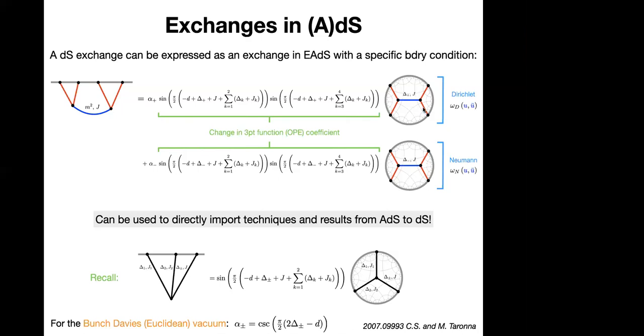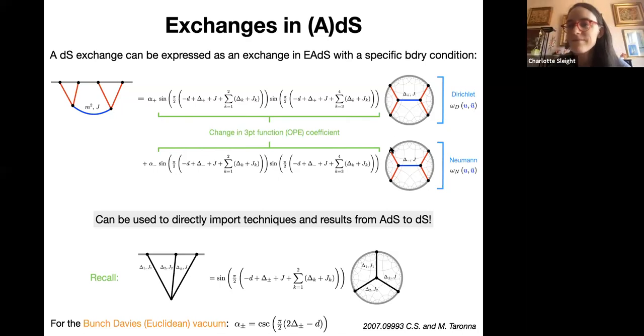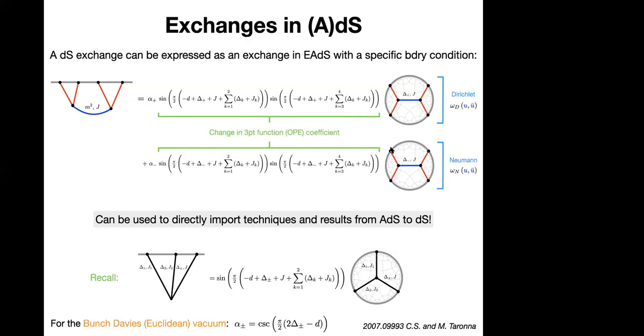No, thanks. Sorry, I have a question. It's probably related to the question that Loga was asking. So right now we're relating bulk diagrams, exchange diagrams, between AdS and de Sitter. But if I focus on the AdS exchange diagram, there is a bulk integral over the vertex in the bulk, if I just want to compute it.